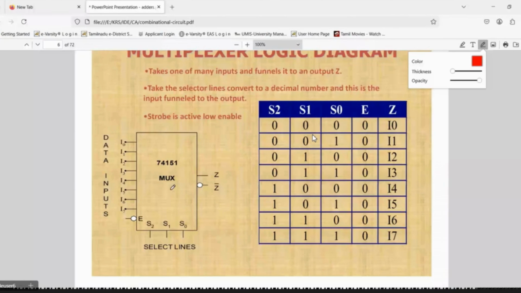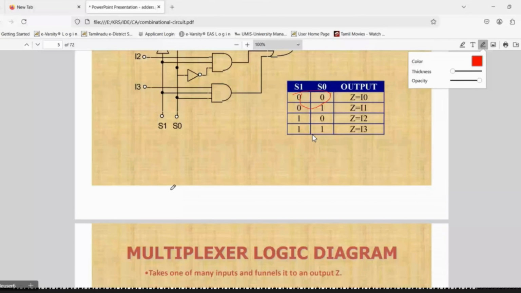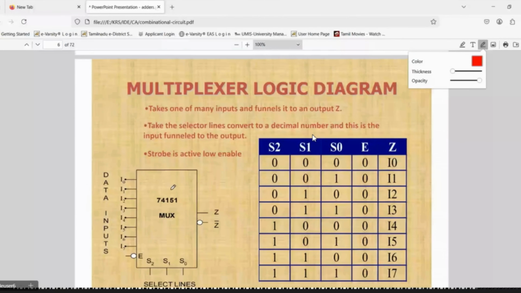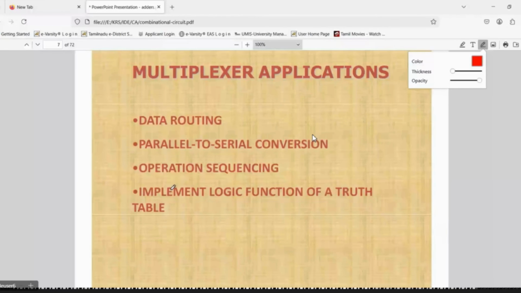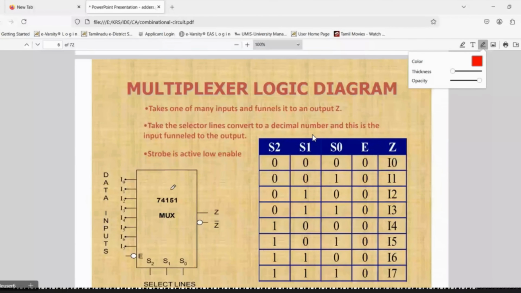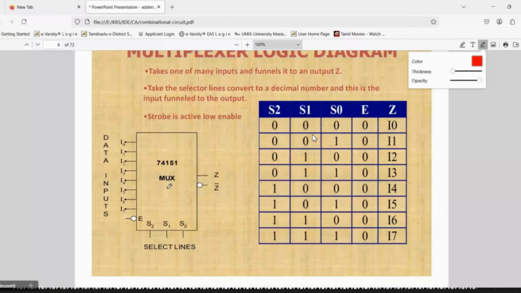So we saw the 4 by 1 multiplexer, this is 8 by 1 multiplexer. 8 input line, 1 output line. Here the input lines are I0 to I7. There are 3 selection lines and 1 enable bit.